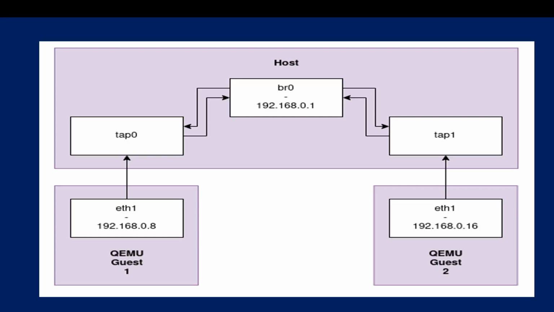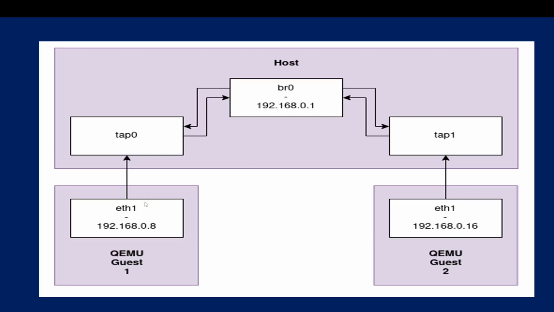In another diagram, suppose you are trying to provide static IPs to multiple virtual machines from the same bridge network. I created one bridge network like BR0 having an IP address like 192.168.0.1. From there we create several tap interfaces like tap0, tap1, tap2. Tap1 is provisioned to virtual machine 1, and tap2 to virtual machine 2.